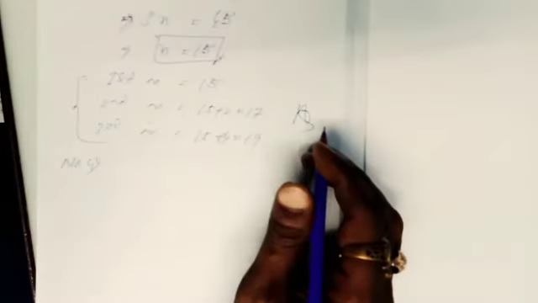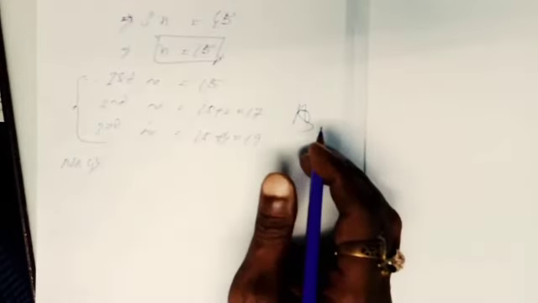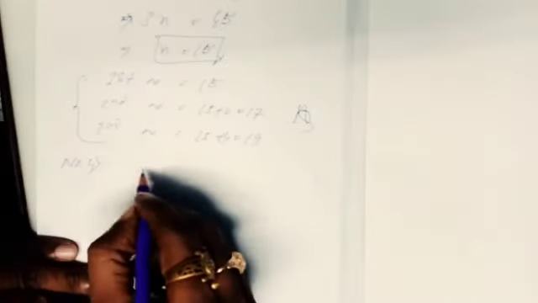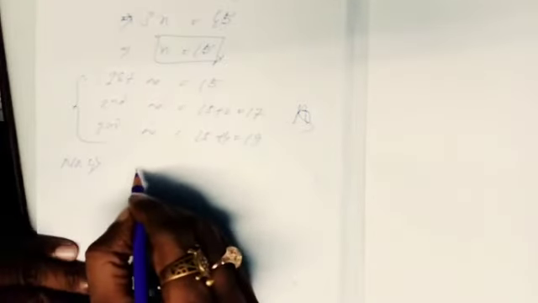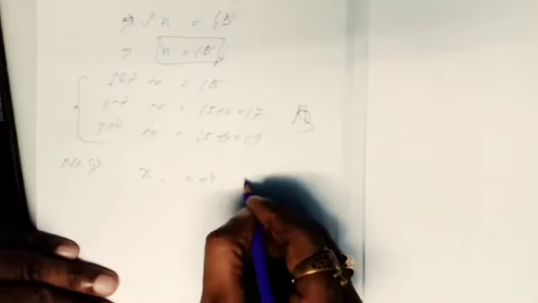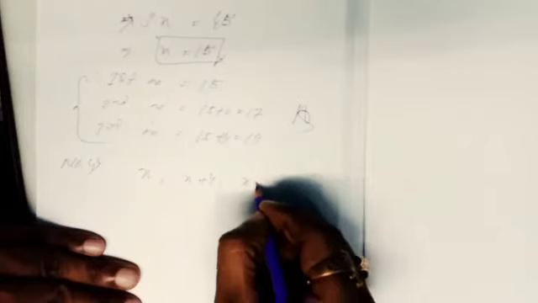See, in number 4 it is given the sum of three consecutive multiples of 4 is 252. So multiple of 4 means what? Let the first number be x, then x plus 4, then x plus 8.